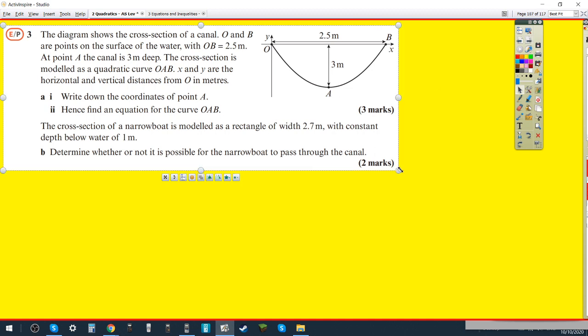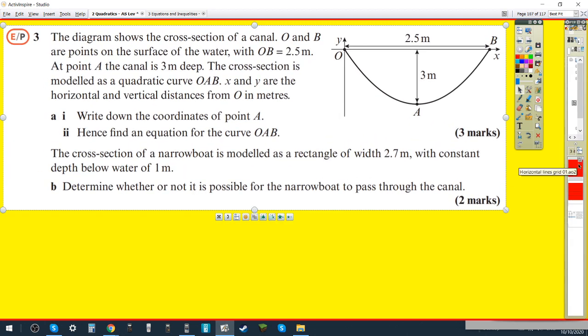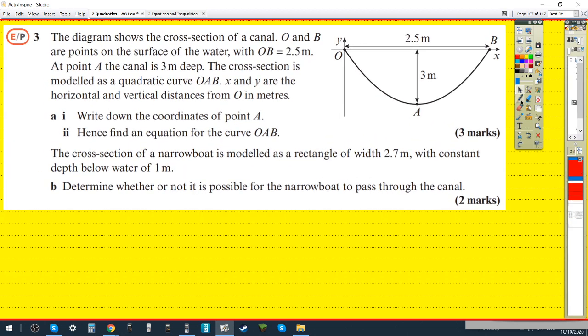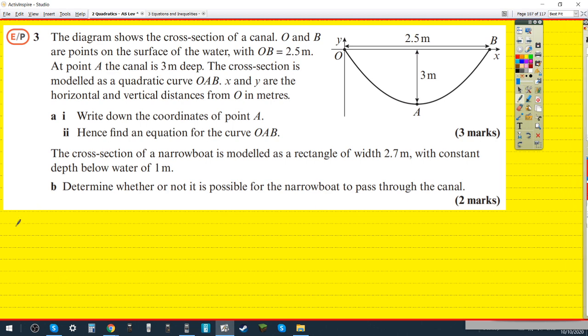Okay, how about this? So the coordinates of point A would be 2.5 comma minus 3. 2.5 will be down here.